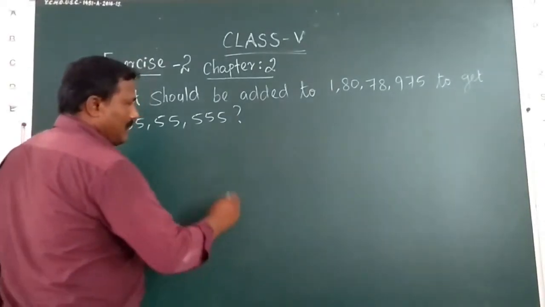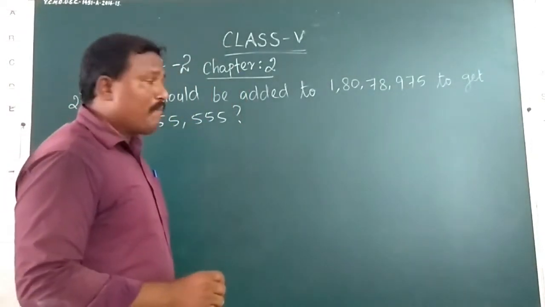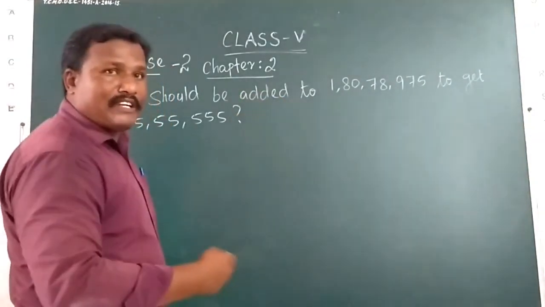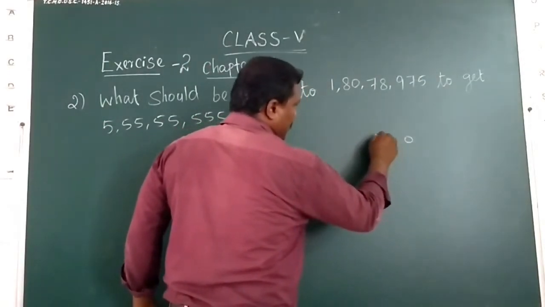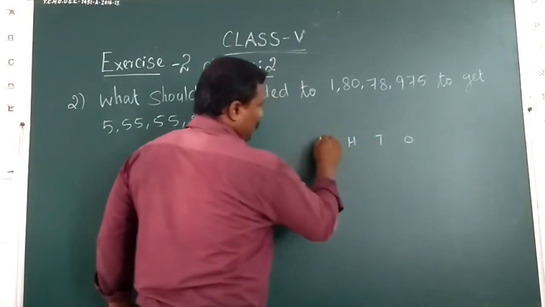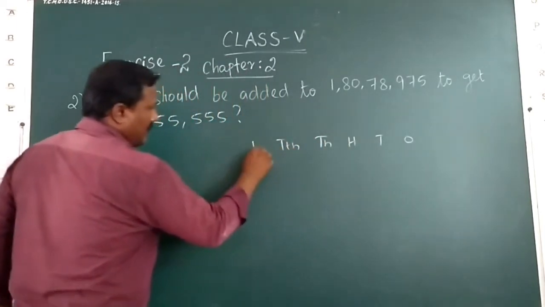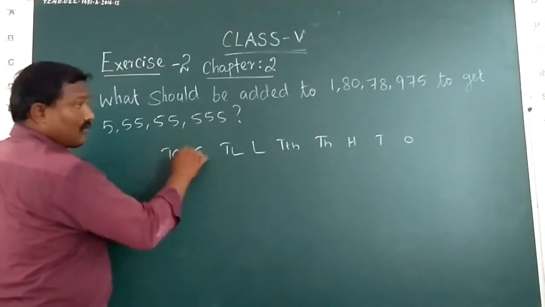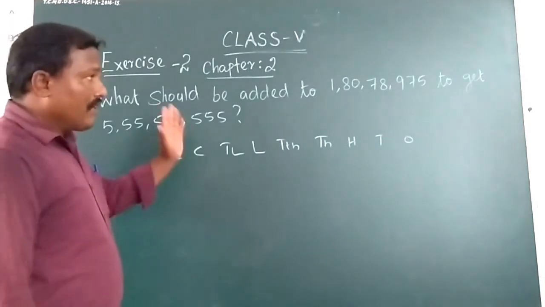For that, as I told you first, whenever you subtract, add or whatever, you just write the place value, then arrange the numbers column-wise: ones, tens, hundreds, thousands, ten thousands, lakh, ten lakh, crore, ten crore. As per this chart, we can arrange the numbers column-wise.